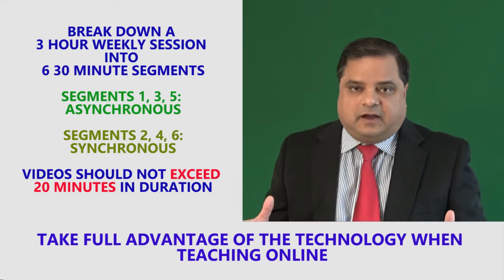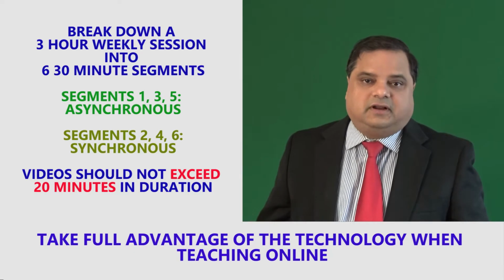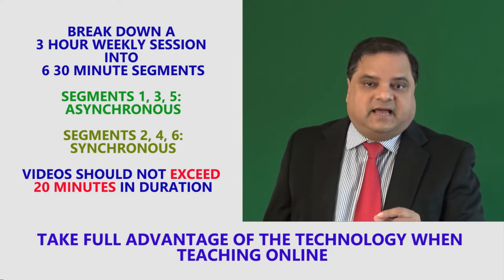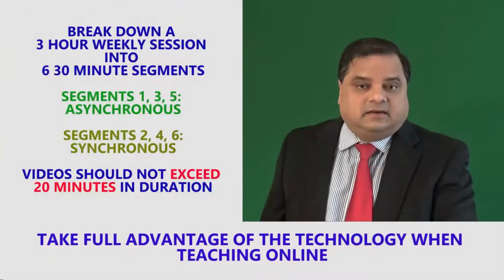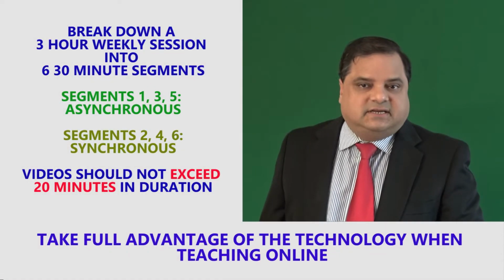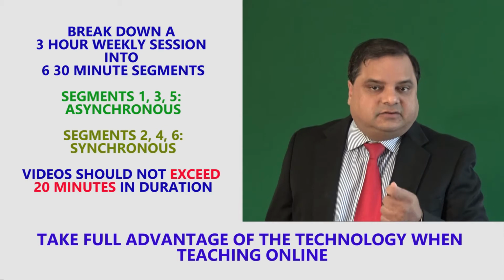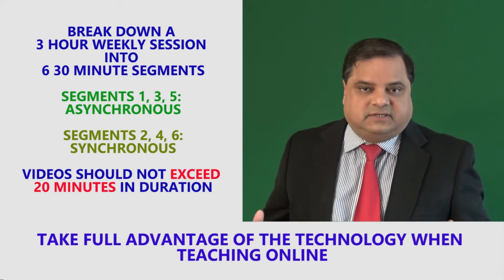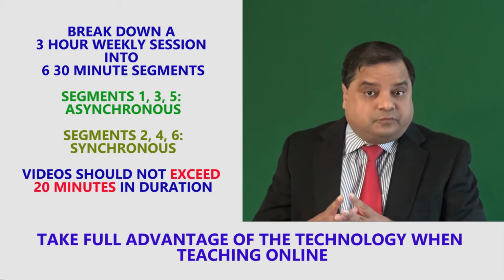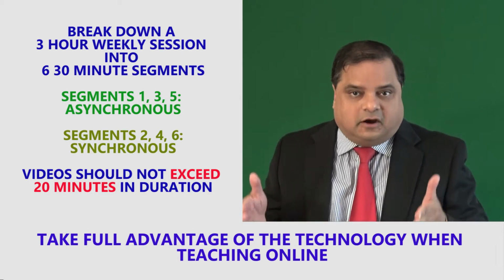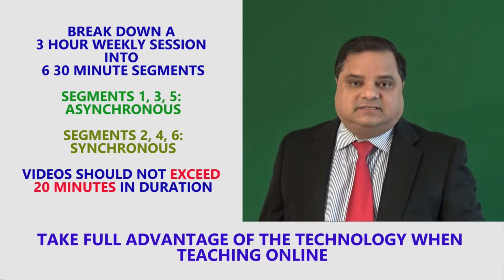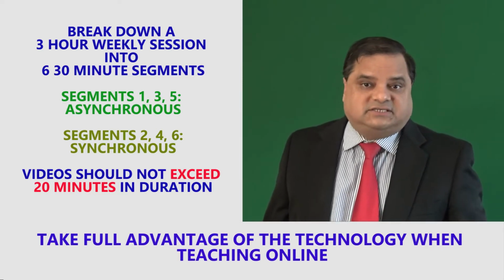If it's 2.5 hours or 3 hours or 3.5 hours, you want to break that down into, let's say, 6 components. And then do 3 components in an asynchronous fashion and 3 components in a synchronous fashion. That will take out all the stress that you have to fit all your lessons into that Zoom call. That's not the way to teach online.